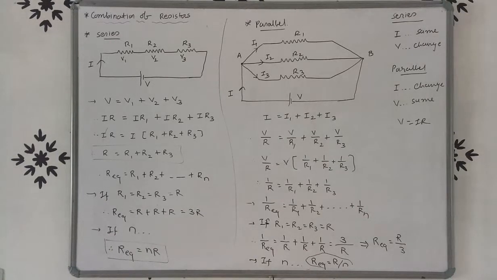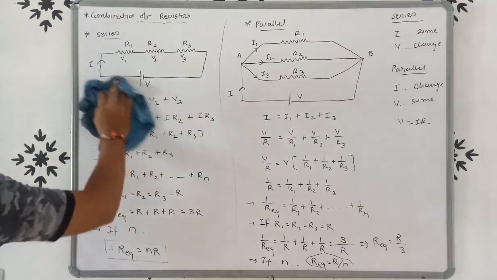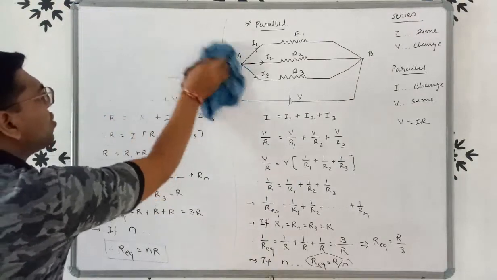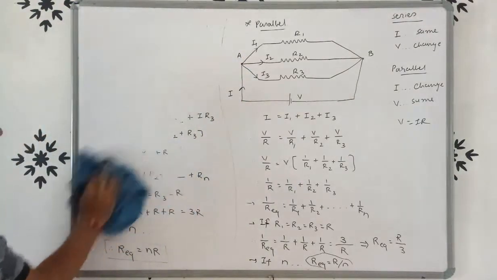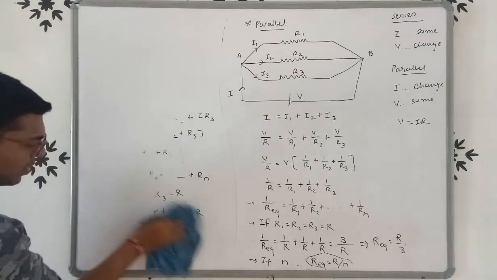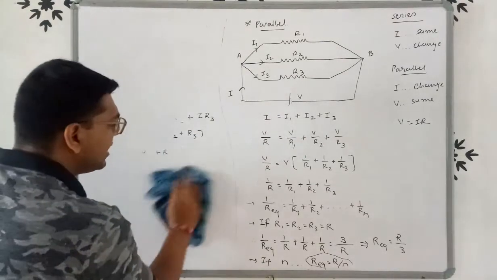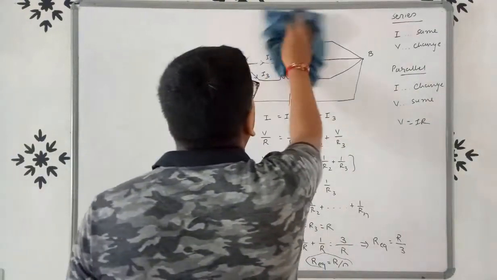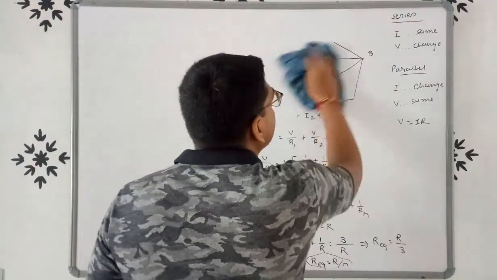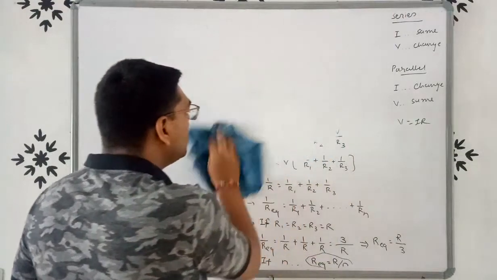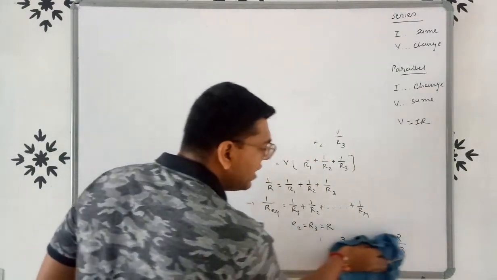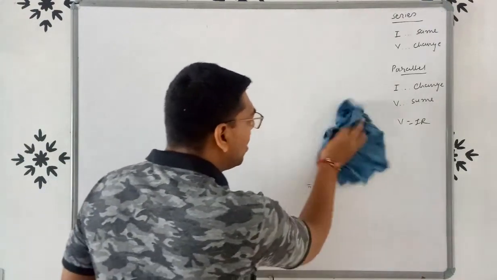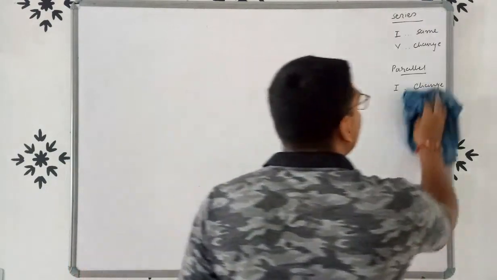Now we will move forward to our next topic a bit. First of all, we solve some examples related to this theory, series and parallel combination of resistors. Now you already know the formula of equivalent resistance of series and parallel connection.